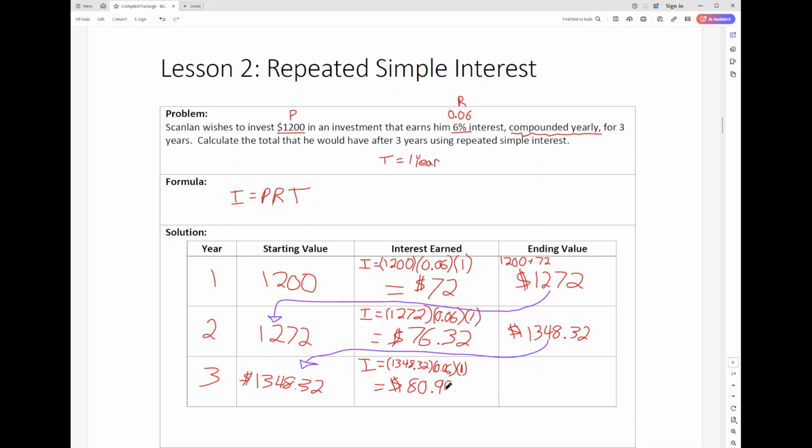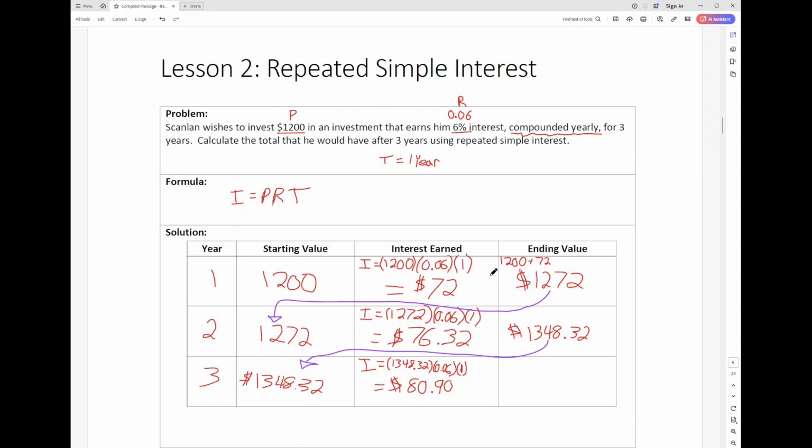Okay, so you can see if we had this all as simple interest, we'd only be earning that 6% on our original $1,200, and it would just be $72 interest earned in this one and $72 interest earned in this one.